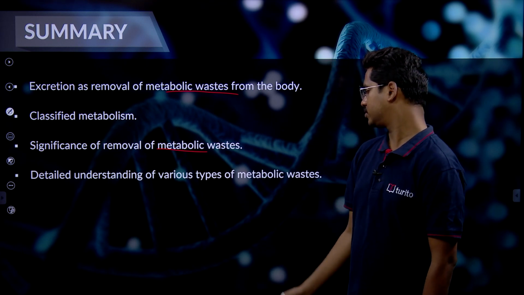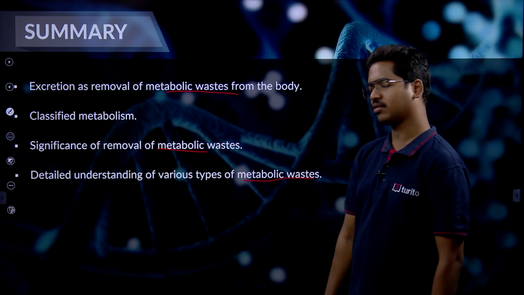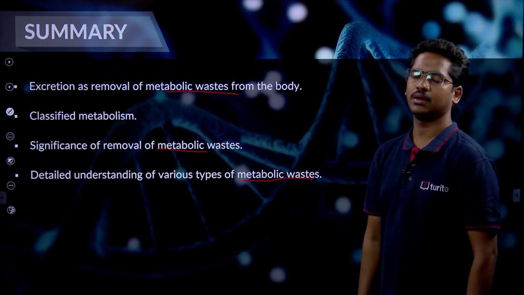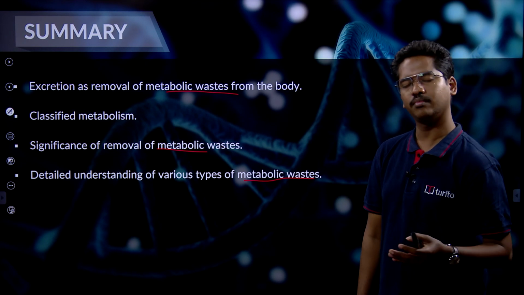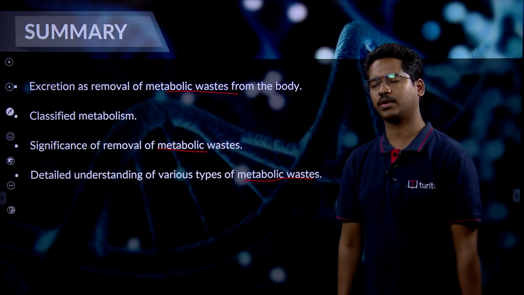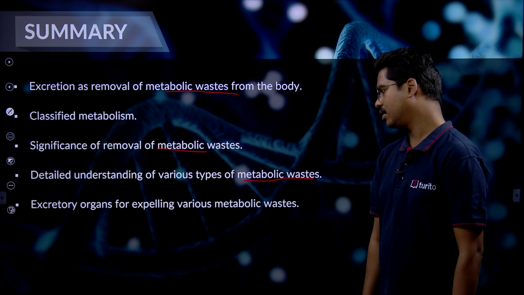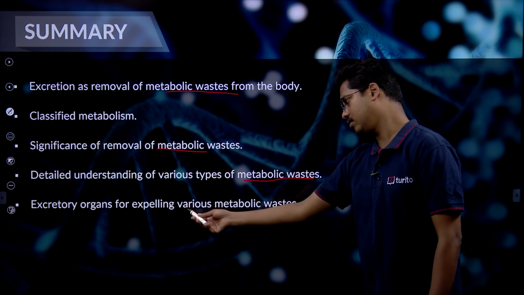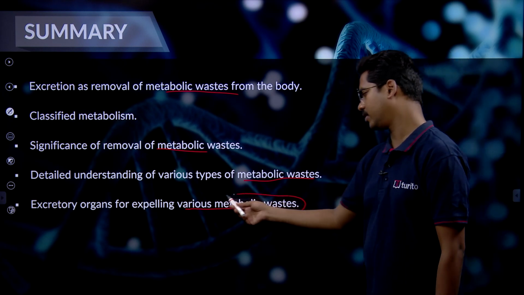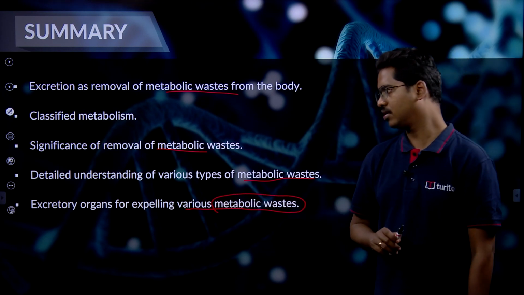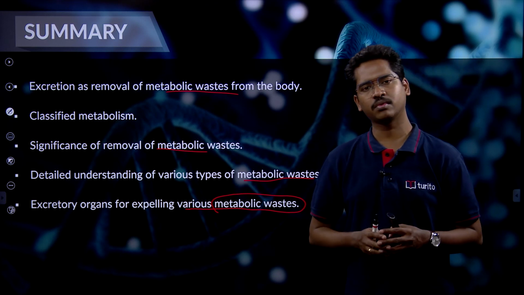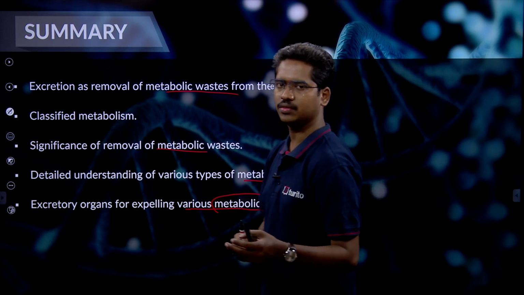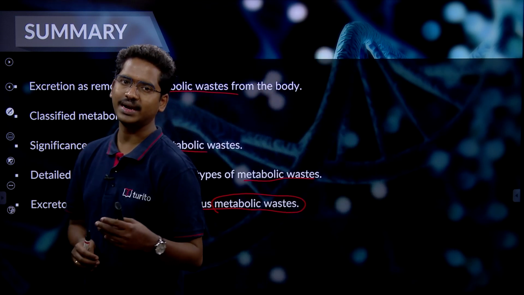Following which, we understood the various types of metabolic wastes, how it is happening and what is happening, and we looked at different organisms and how they release their respective metabolic wastes. Followed by that, we had an understanding of excretory organs, which help in removing various types of metabolic wastes, because different organisms have different habitats and climatic conditions, and the environmental factors affecting them are different.